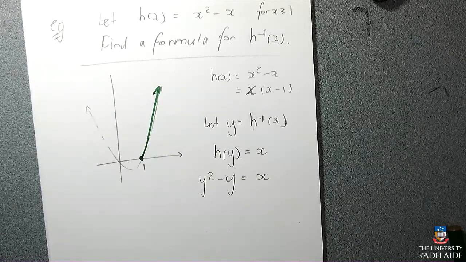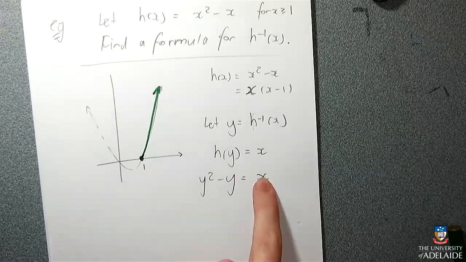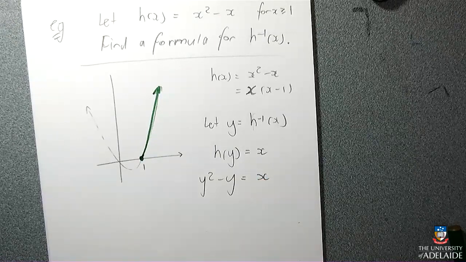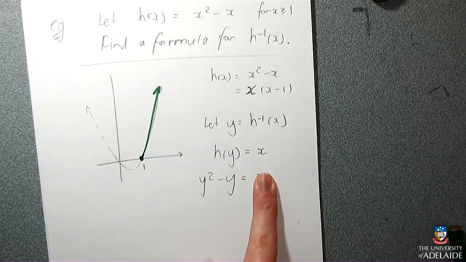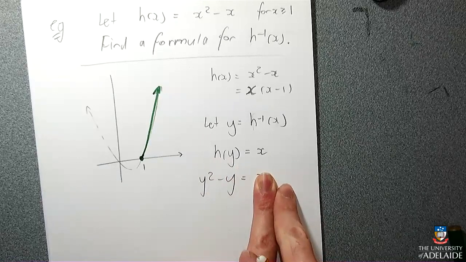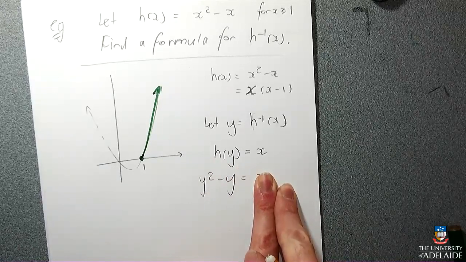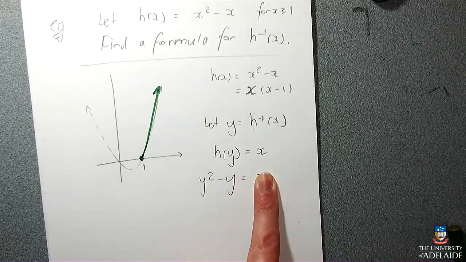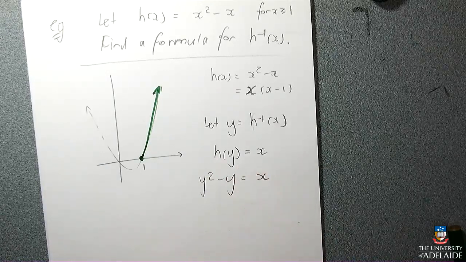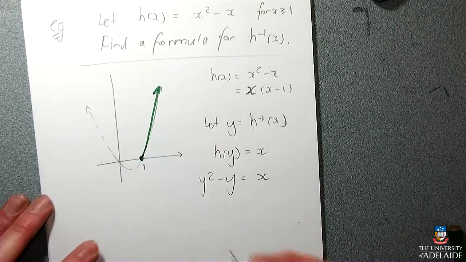Okay, well let me just think what would happen if this x was a number. If I had the number like 7, then I would have y squared minus y equals 7. And if I wanted to solve y squared minus y equals 7, I would do the quadratic formula usually. And so that's what I'm going to do. I just have to put x where I would normally put that number.